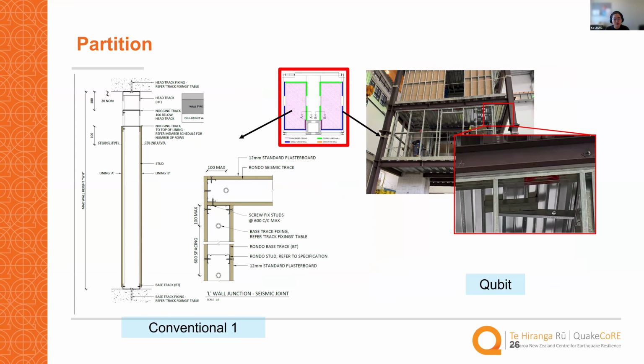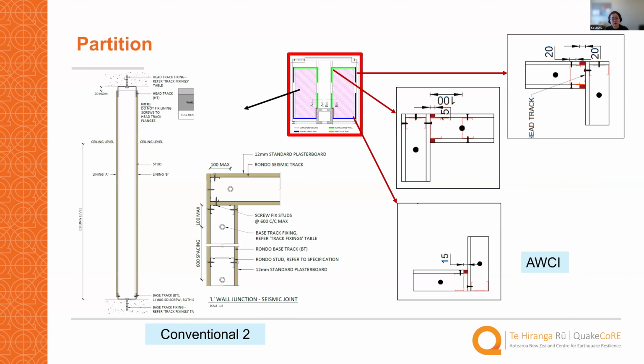For one of the rooms we use a conventional detailing for the partition walls, and for the other room we use so-called advanced or low damage detailing. For the second story, that is the cubic detailing, and for the third story, that's AWCI detailing.